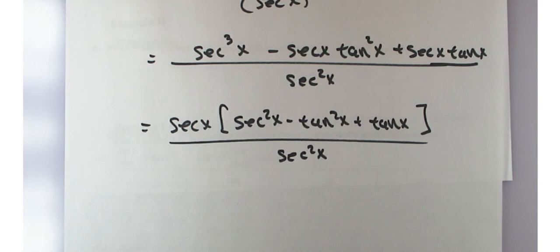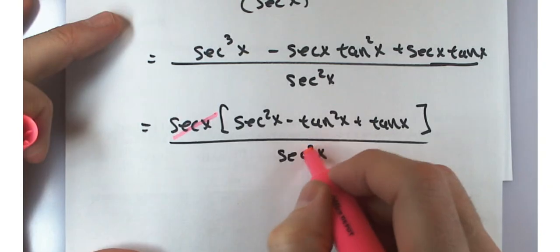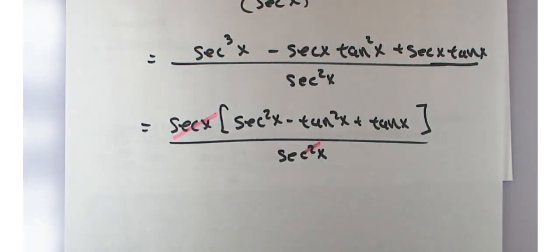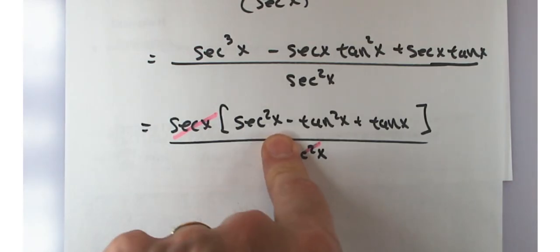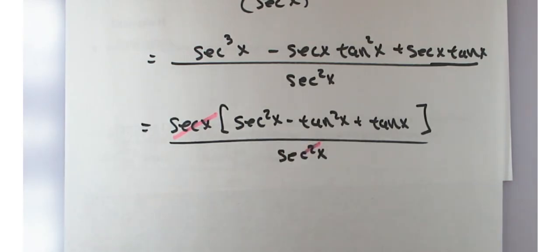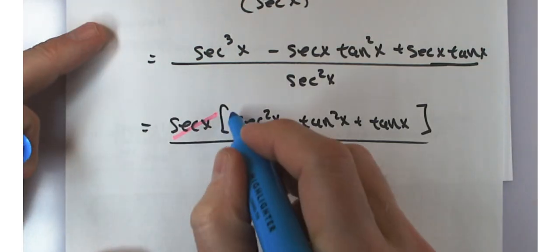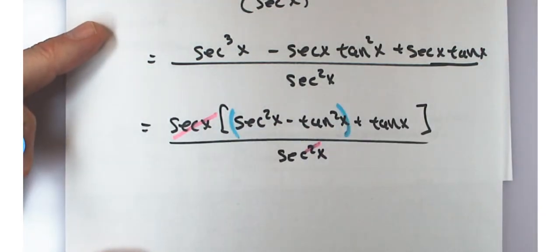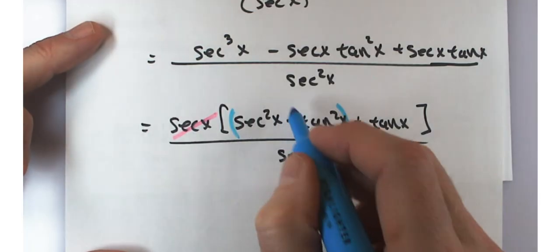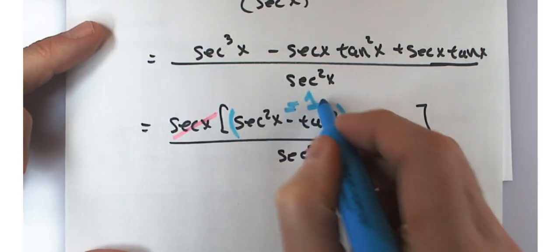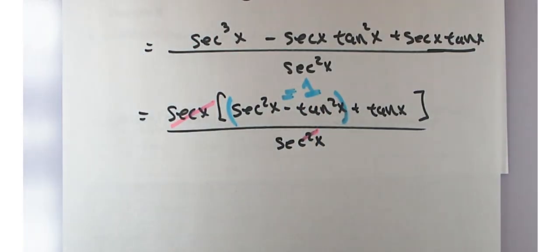Yes, somebody's saying, can't we cancel? Yes, you can cancel one of the secants here with one of the secants here. And there's another nice little thing we can do here. I'll show you why later, but this simplifies pretty nicely. D'Angelo, you're giving me a knowing look, or is it a curiosity look? Curiosity. All right, this equals 1. So, wow, that's not too bad.